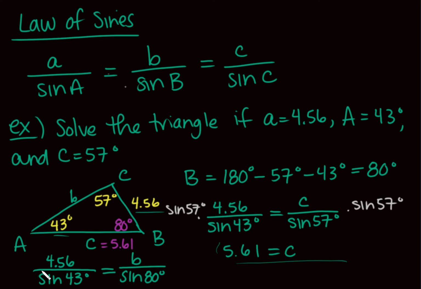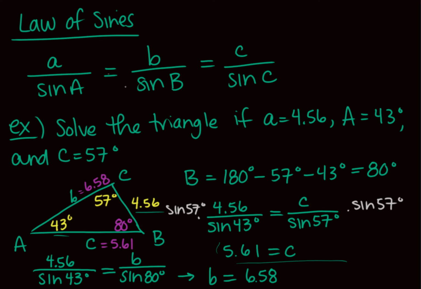So again, I'm going to multiply both sides by sine of b, which is 80. So I'm going to take sine of 80 times 4.56 divided by sine of 43, and I get b to be 6.58. And so b is 6.58. Then I have solved the triangle, okay?